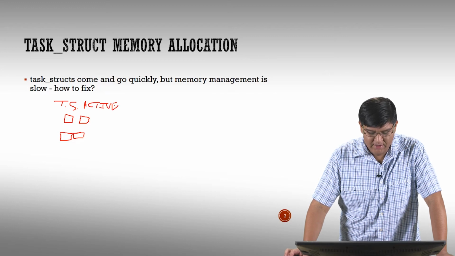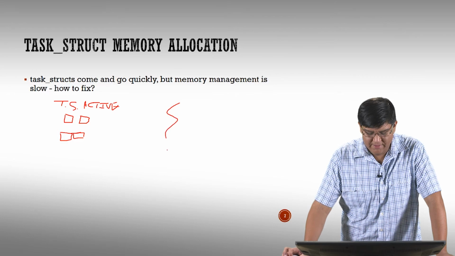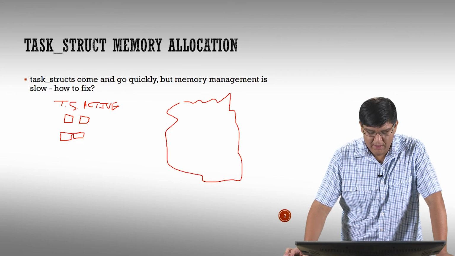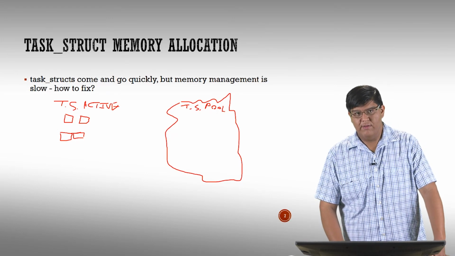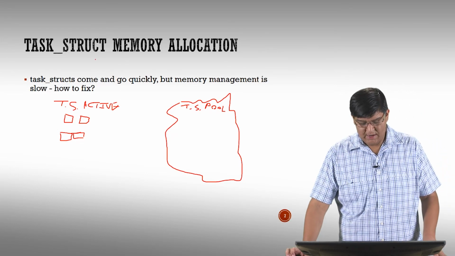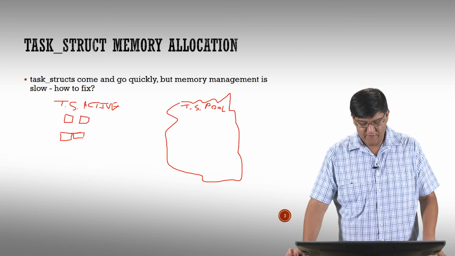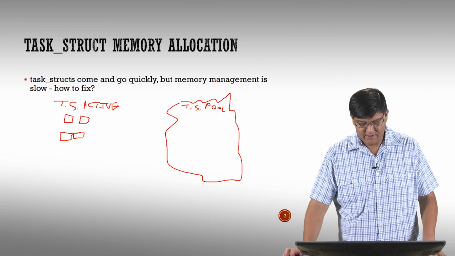And then also, in order to speed up the malloc and the free, a system will have something called a task struct pool. This is going to be a list of all the task structs that have been allocated but that aren't currently in use. So let's say in our picture there are four running processes: process 1, process 2, process 3, process 4. Those things are all running.